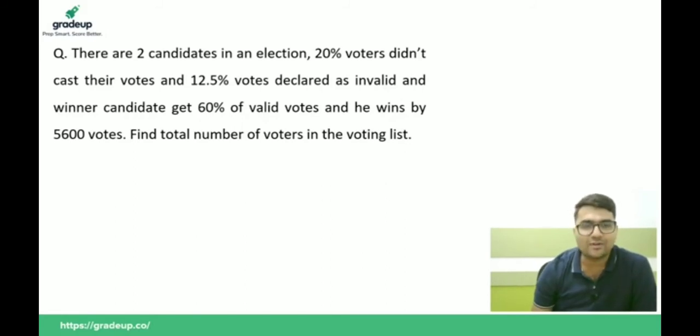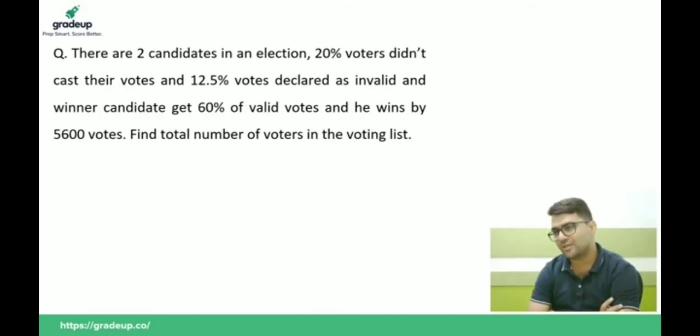The winner candidate gets 60% of the valid votes, and he wins by 5,600 votes. Find the total number of voters in the voting list. This we have to find. Please try to solve this question and give the answer in the comment box.